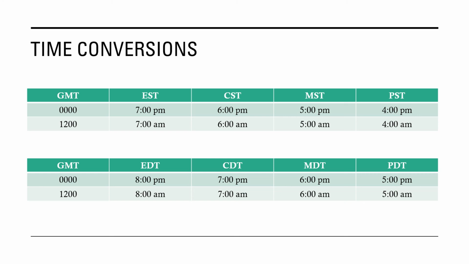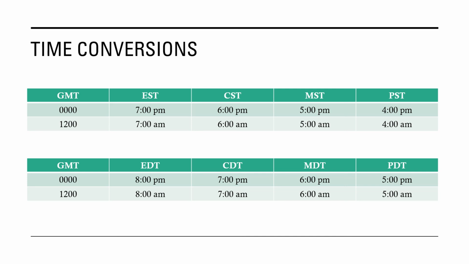And then in Central Standard Time, it's 6 p.m. and 6 a.m., Mountain Standard Time, 5 p.m. and 5 a.m., Pacific Standard Time, 4 o'clock p.m. and 4 o'clock a.m.